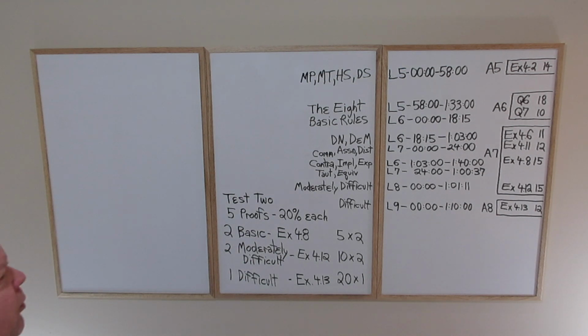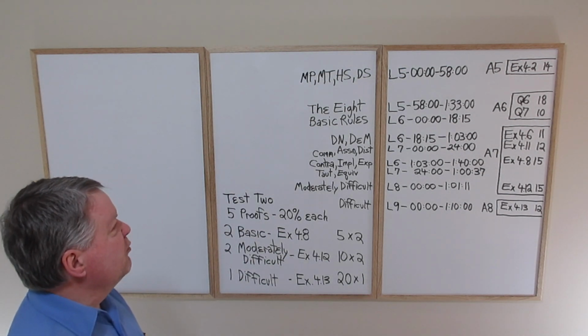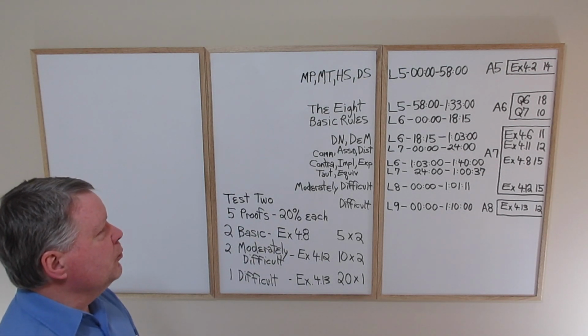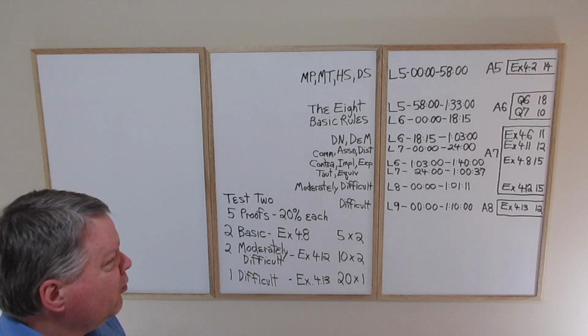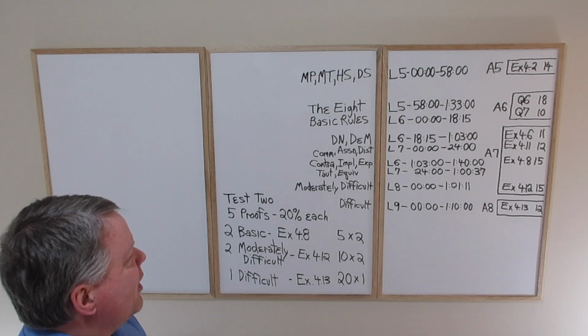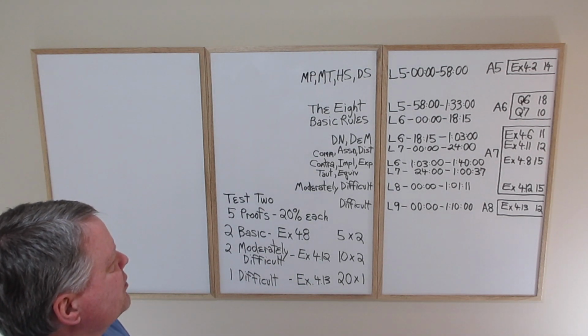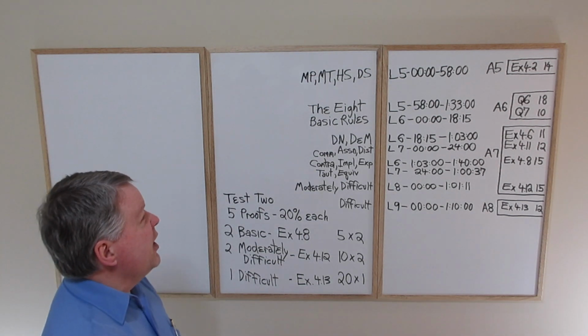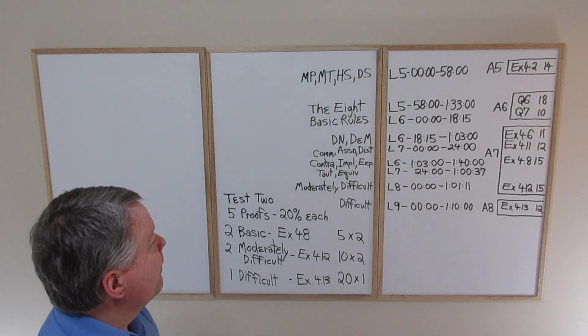We can now go through a final review before test 2. For this second part of the course, we've got 5 lecture videos, lecture 5, 6, 7, 8, and 9.